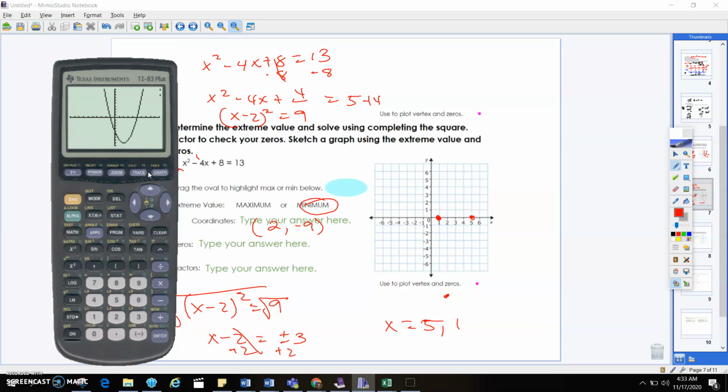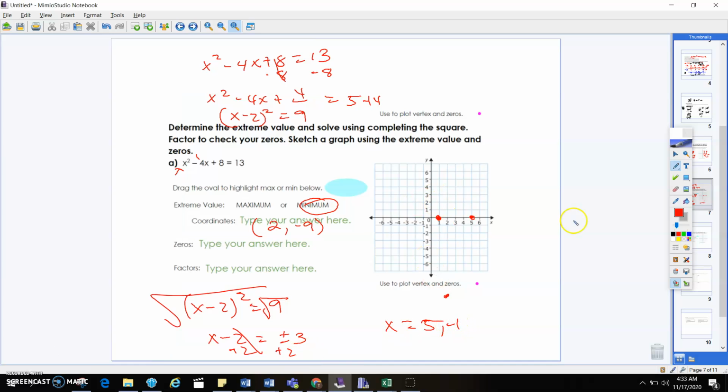It's sometimes a little easier to move this to the other side and then factor. It seems like I did something wrong, so I'm going to check my answers. This should be negative 1 right here. Negative 3 plus 2 is going to be negative 1. That's why it looks a little weird.